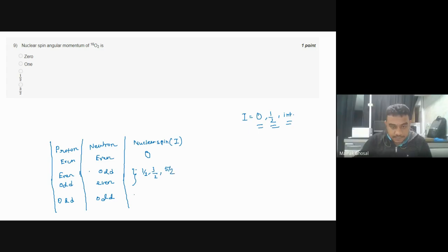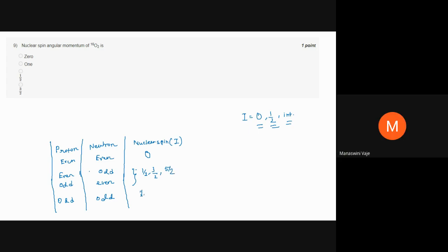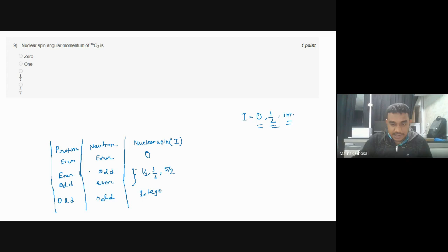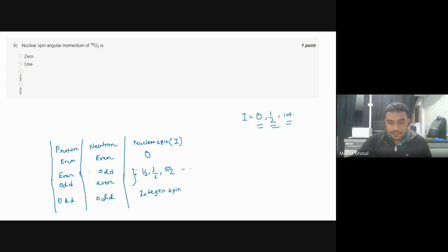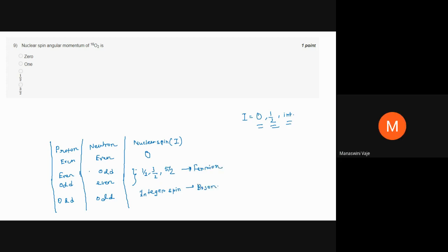And if both are odd, you will see integer spin. And I have told you which kind of particle they will behave like. If half integer spin is there, they will behave like fermion, and if integer spin, they will behave like boson.